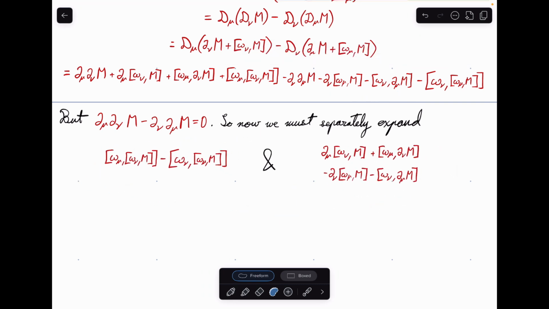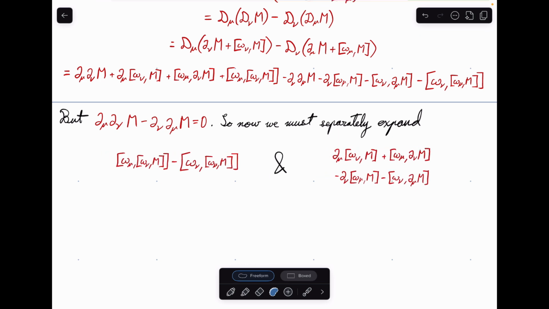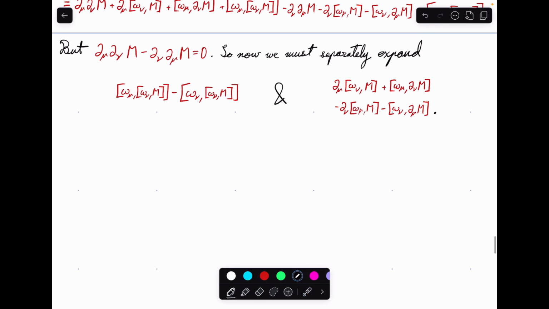So now we're going to separately expand these terms in this equation right here. This one's actually the easiest to expand. Well, they're both relatively easy. This one has more steps in it, but this one you get in just 2 or 3 lines essentially.